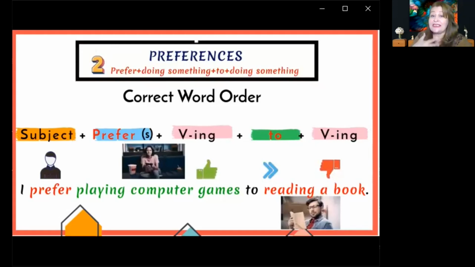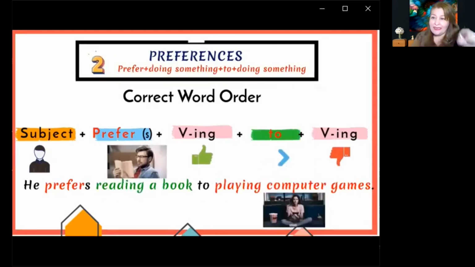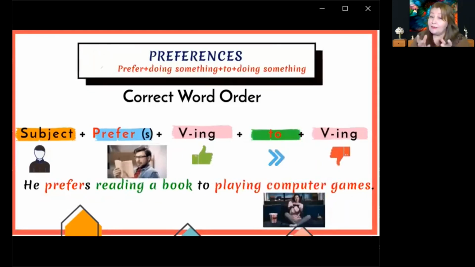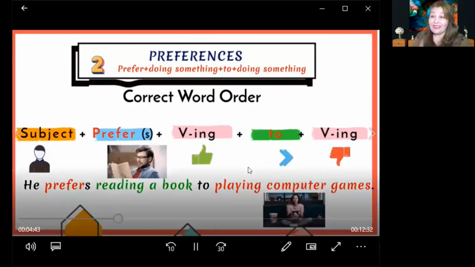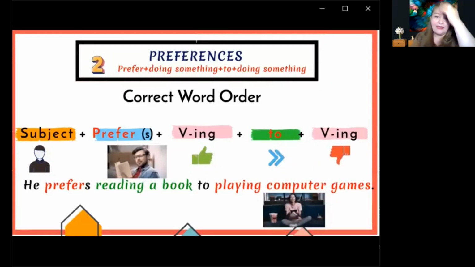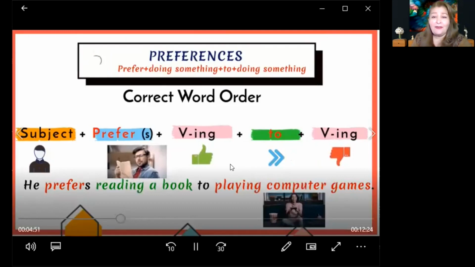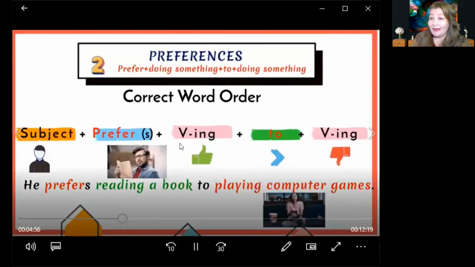My preference is playing computer games, okay? And he prefers reading a book to playing a computer game. He generally prefers reading, not playing computer games. Good. Be careful, you should add an ing after the verb here.